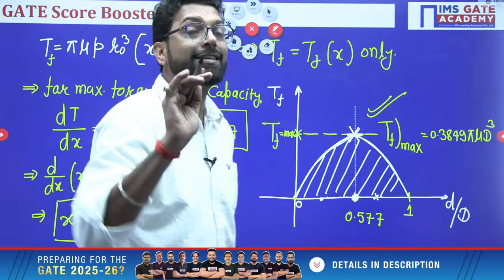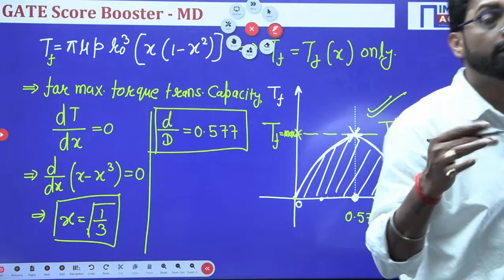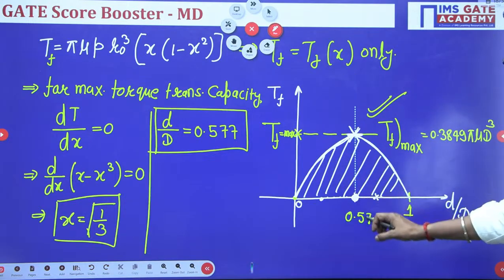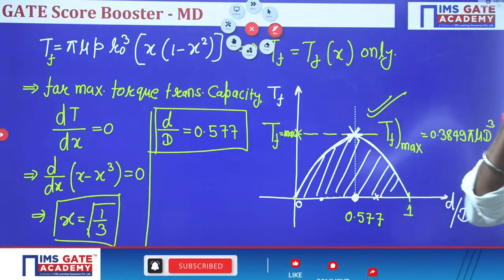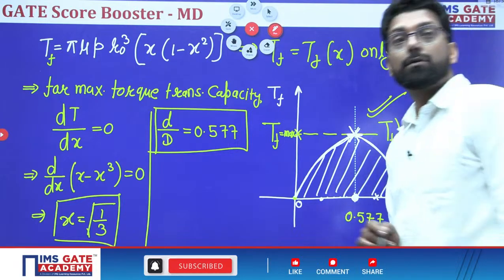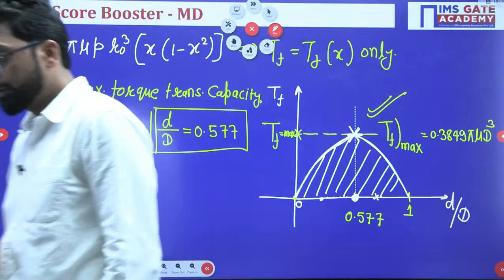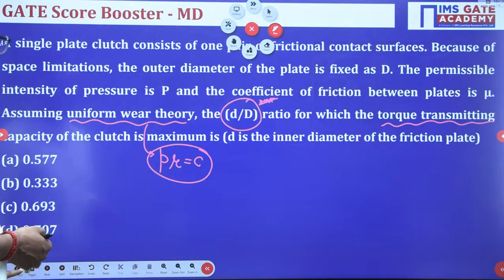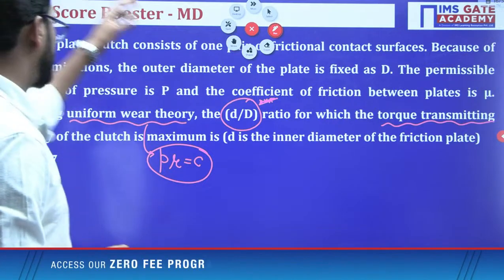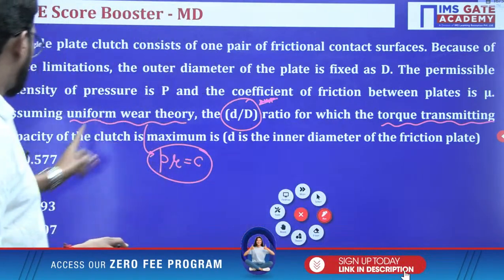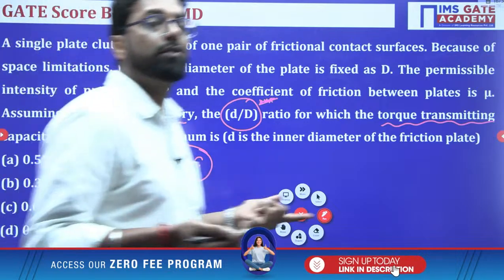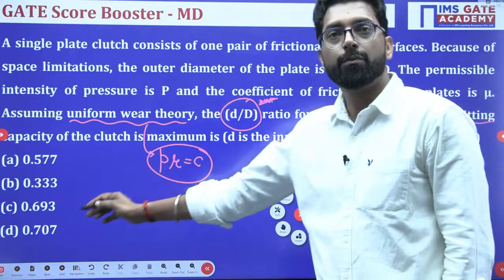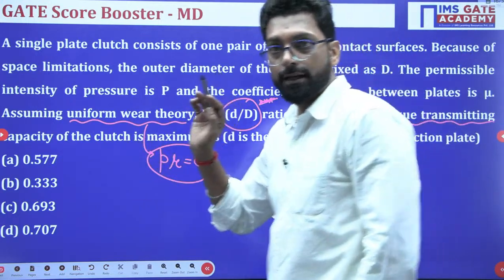So you cannot design the clutch beyond 0.577 at uniform wear. Otherwise, torque will decrease and the clutch will not work properly. So this is the one concept regarding this d by D ratio. You have to remember this result at uniform wear. You can easily find it for uniform pressure also.